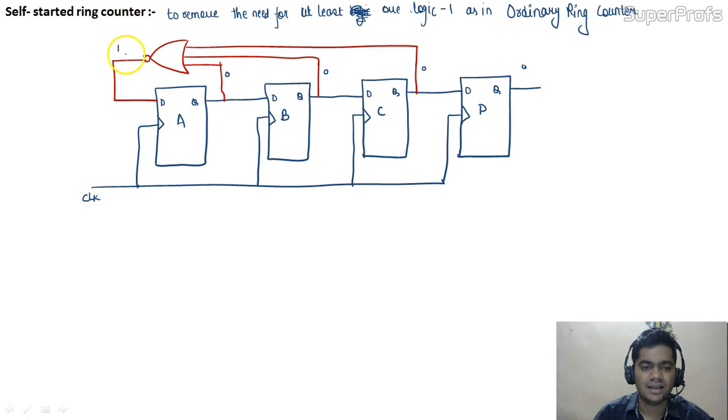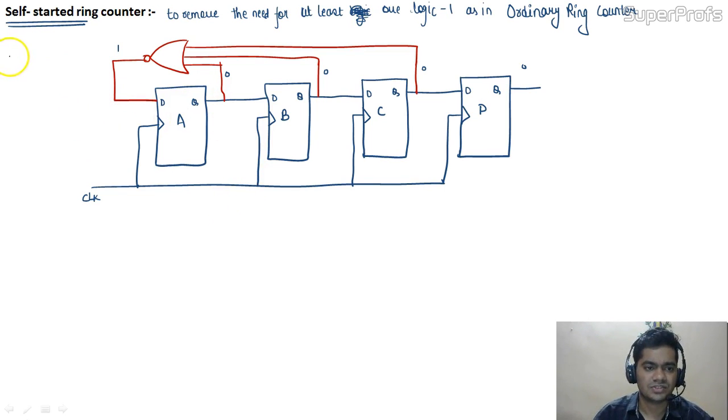So we are able to get at least one 1 through this modification. That's why it is known as a self-started ring counter, because we do not need to put in a logic 1. It would be self-started and it would count all the values.